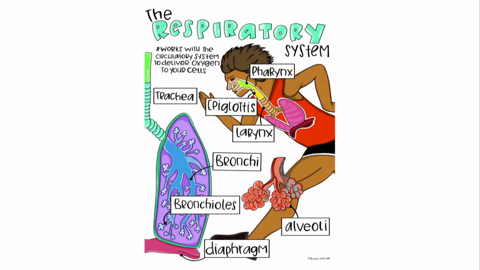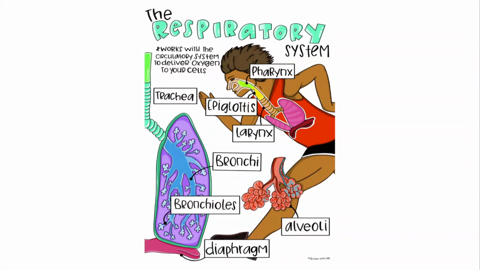Next, you have the respiratory system. The respiratory system is all about breathing, right? Respirar. Your respiratory system is working with your circulatory system. It's the one that takes in the oxygen and gets rid of the carbon dioxide, and then that oxygen is delivered to your circulatory system.